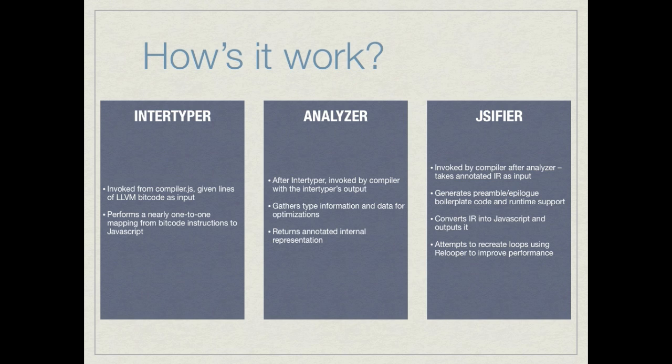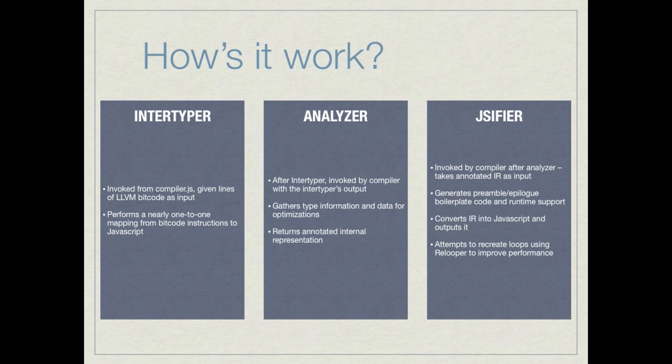Since the more of this data that is known, the better the optimizations can be, it uses several passes and an actor model to try and establish as much information about the source code as possible. After doing these passes, it returns an annotated version of the internal representation to the compiler, and the compiler then sends this internal representation to the JSifier for final output.